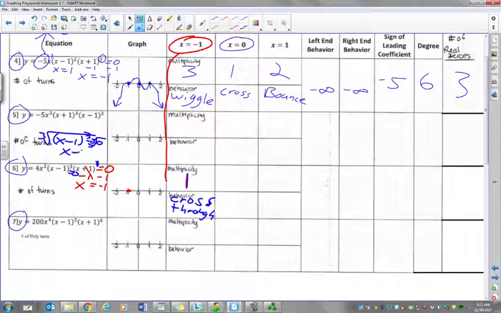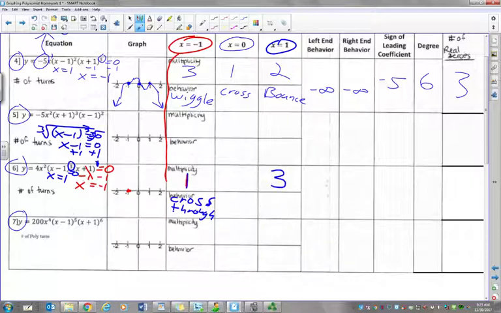But you'll just end up with x minus 1 is equal to 0, and then add 1 to the other side. Add 1 to the other side, and so x equals a positive 1. So this is going to be x equals a positive 1 with a multiplicity of 3. Good job, Maddie. Multiplicity of 3. So then we'll go to x equals 1. There it is. And then we'll do a multiplicity of 3.